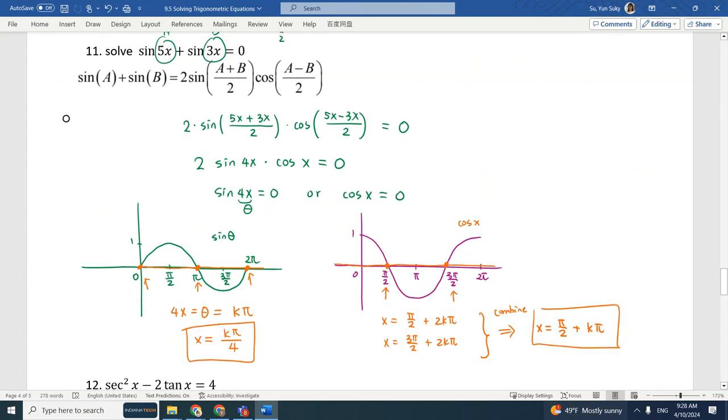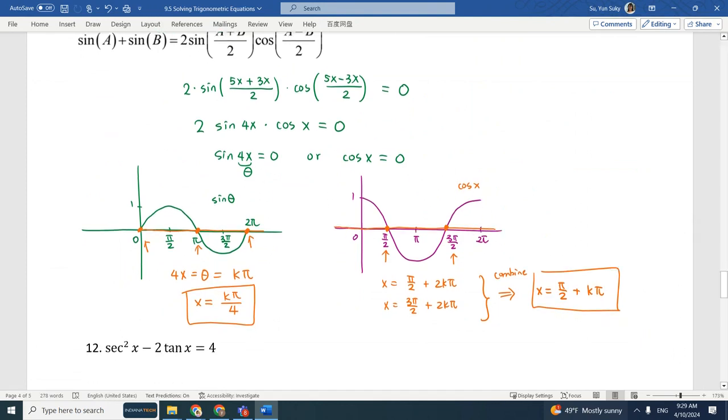So this is number 11. Any questions about this problem? All good? You have been quiet today. Do you understand so far? Yes? No? If not, please feel free to ask me.